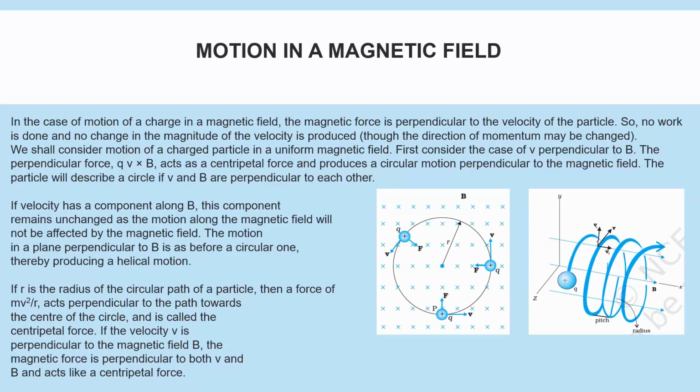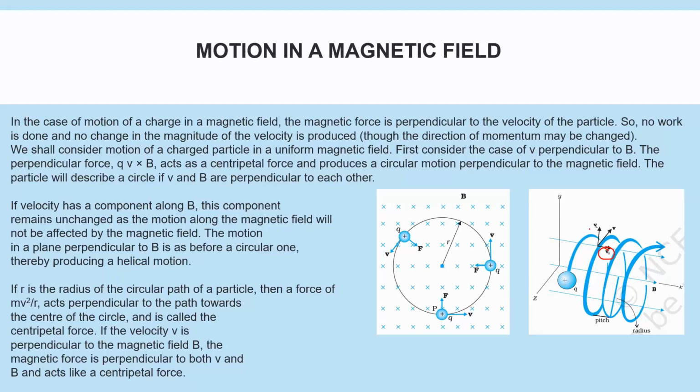There will be no change in this component of the velocity that is along the magnetic field. But the component of the velocity which is perpendicular to the magnetic field is going to cause a helical motion for the particle.